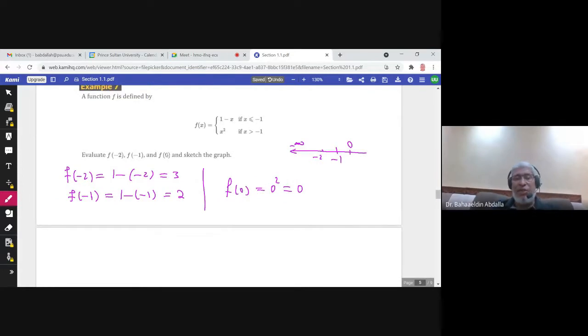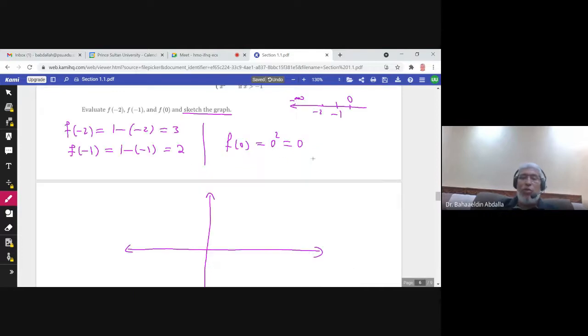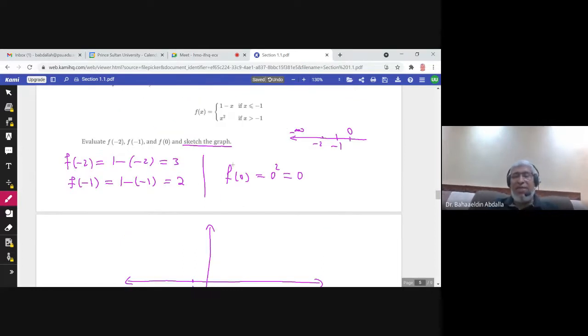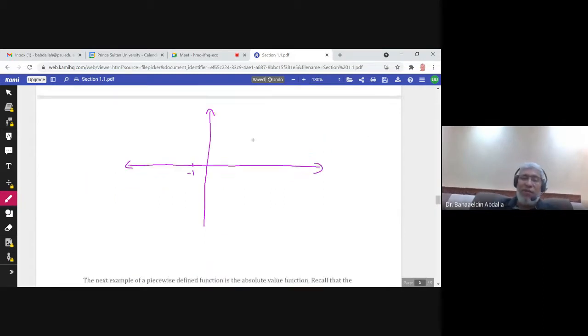And sketch the graph. Now to sketch the graph of this function, we have to pay attention to the value of x equals -1. When x is -1, to the right of -1, I have a different definition.